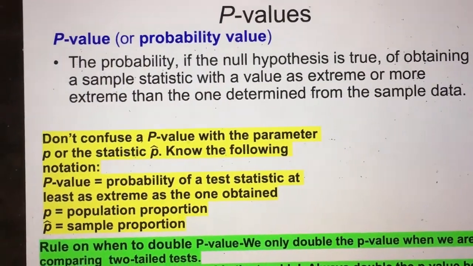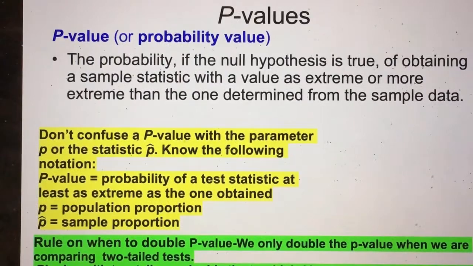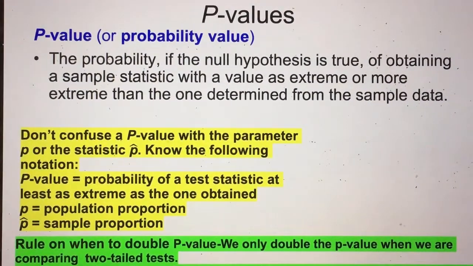So how do we figure out what a p-value is? So remember, we've got a p-value decision paradigm, and we've got a critical value and a critical region decision-making paradigm. So we have two things that we have to learn, and we can use one or the other. Sometimes we even choose to use both in the same problem just to verify. The p-value is the probability, if the null hypothesis is true, of obtaining a sample statistic with a value as extreme or more extreme than the one determined from the sample data.